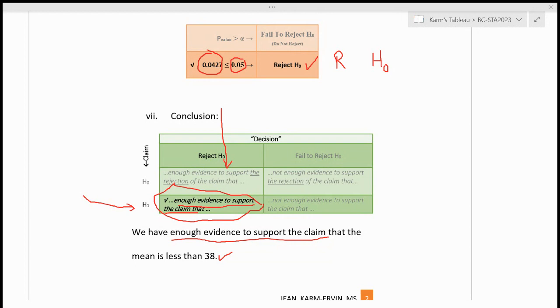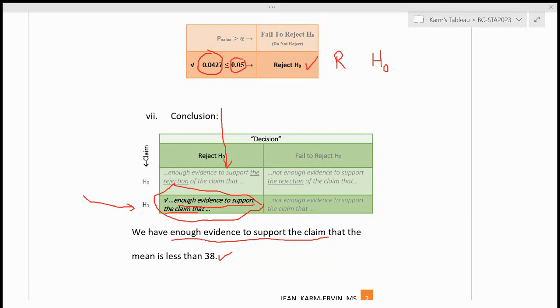Okay, let me just show you this one so far. So yes, it is true, because we did say to reject H0, and the claim is of H1. That means this is a true statement. Because you have two alternatives, either H0 or H1.